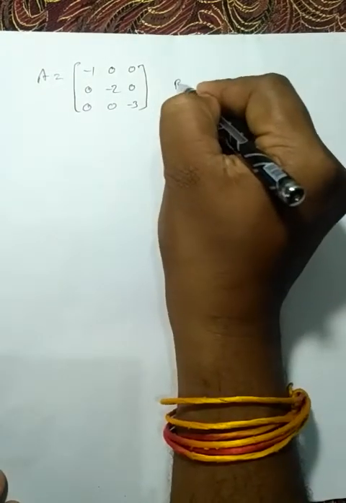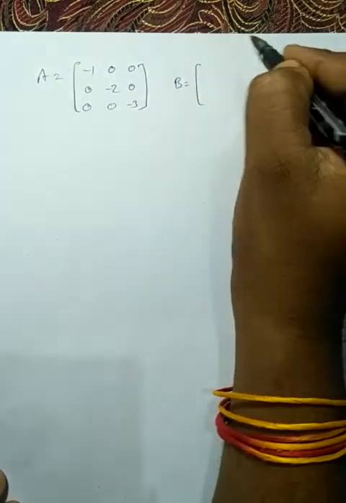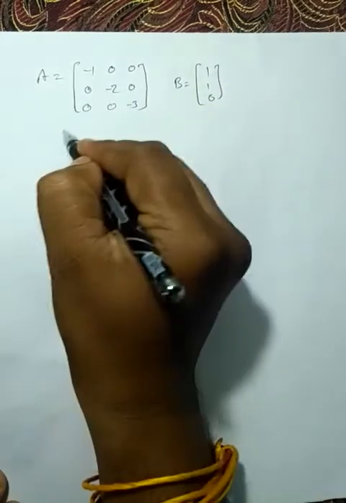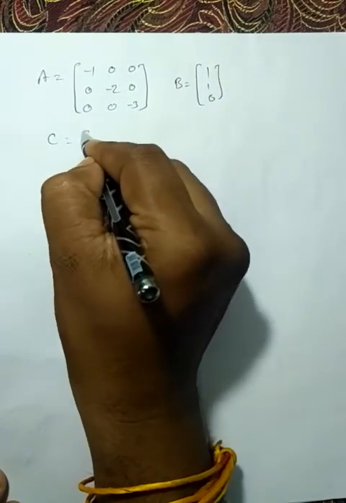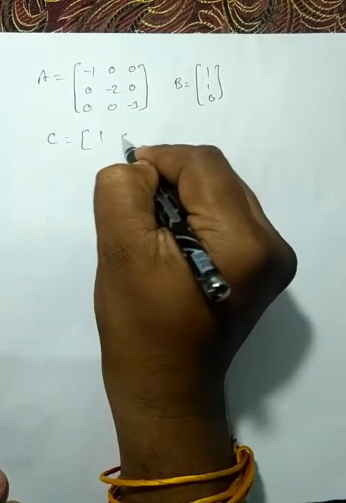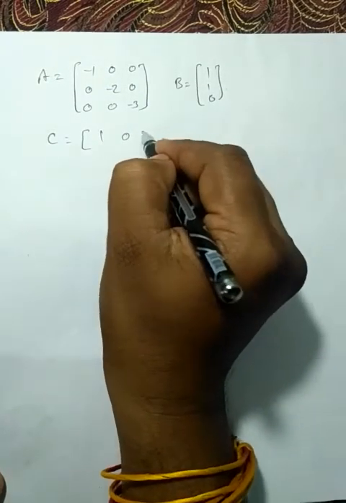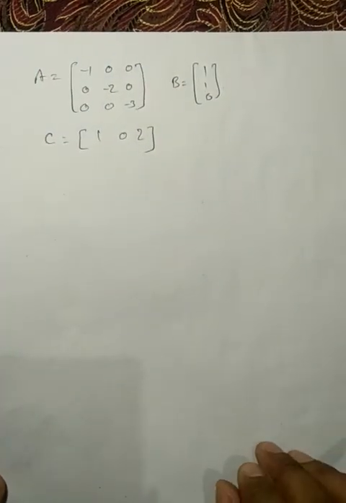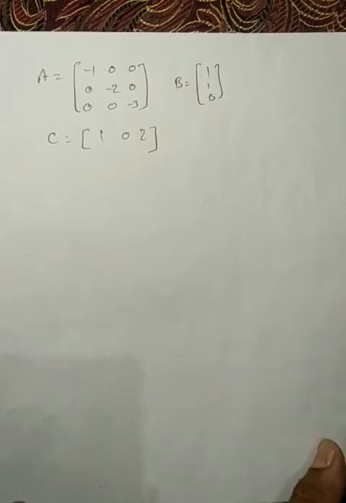Matrix B like 1 1 0, and matrix C is like 1 0 2, right? And we have to test for controllability and observability.